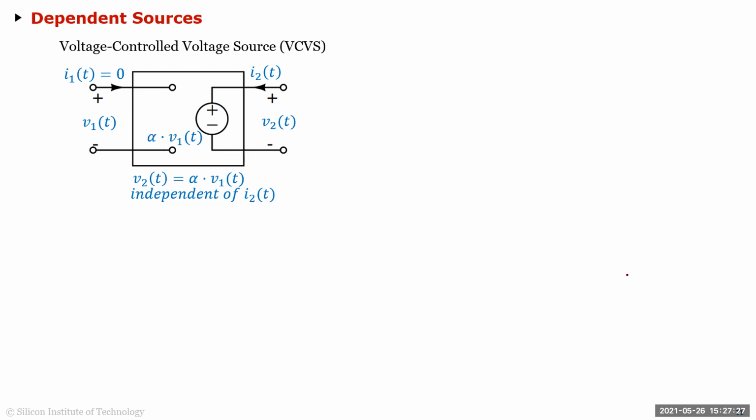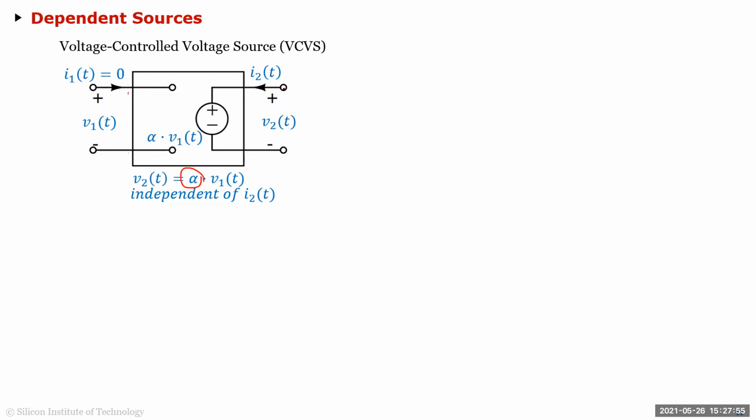So the combination of that is basically four elements, and the first one is what's called a voltage controlled voltage source. So you can see this is a voltage controlled voltage source where the output voltage is some alpha, which is a real number, times whatever is the input voltage. In an ideal VCVS, the input impedance is infinite, which means that you're not drawing any current from the source which is driving these two nodes.